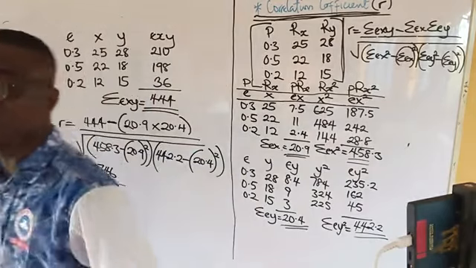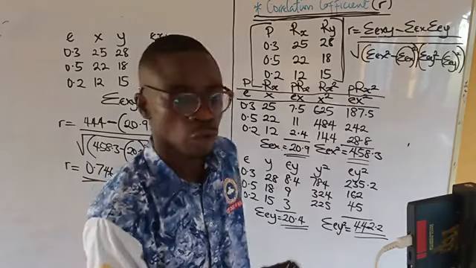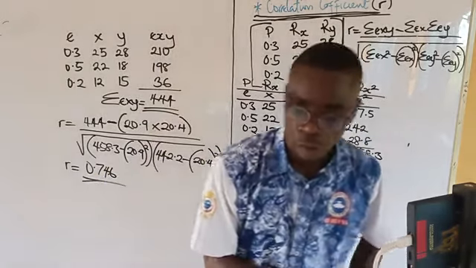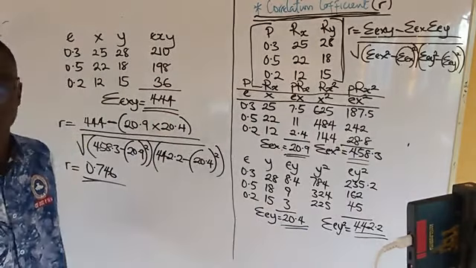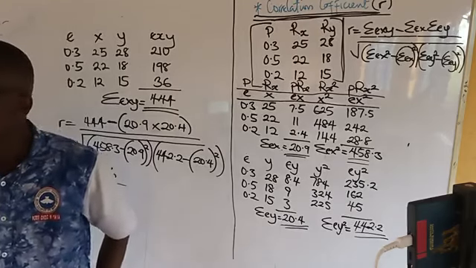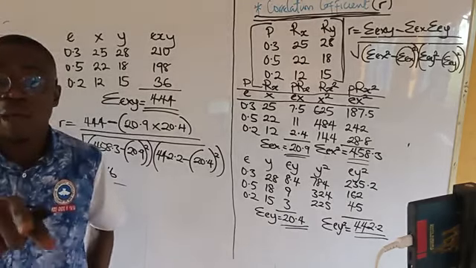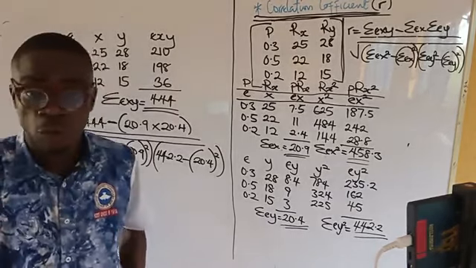Your correlation coefficient is going to range from +1 to -1. It can't cross that line. If it is +1, the maximum it can get, that's why you call it perfectly positive correlated.